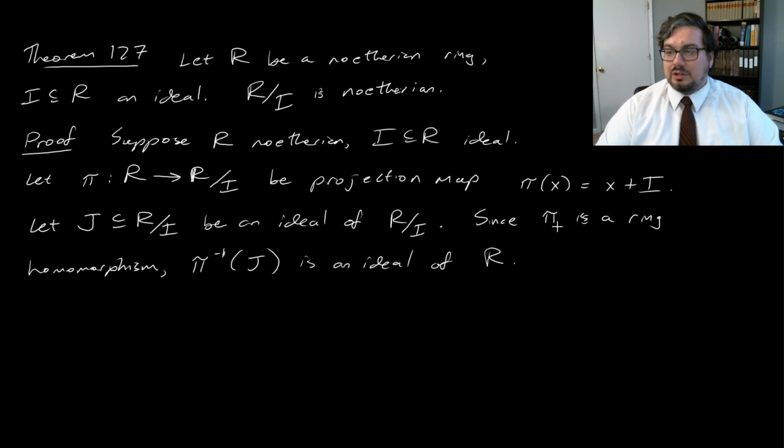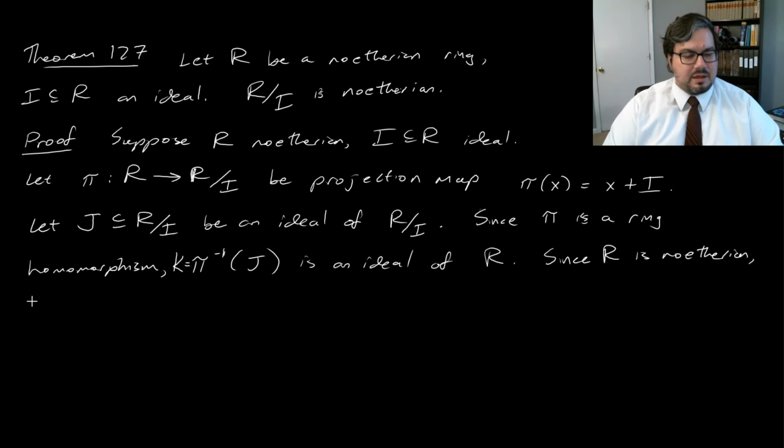In particular, I want to call this ideal K. And so, since R is Noetherian, K is finitely generated.